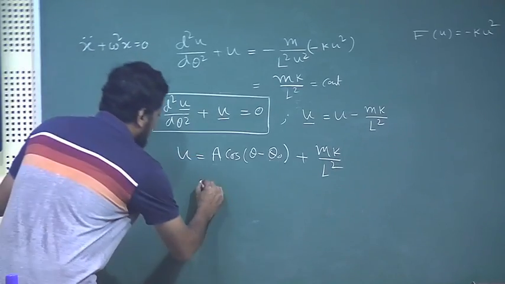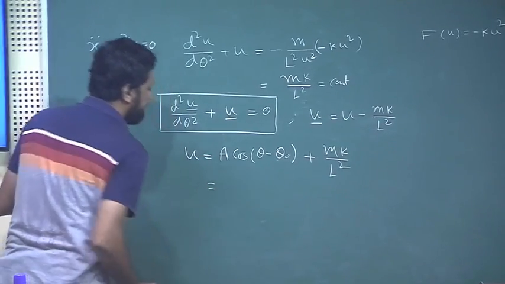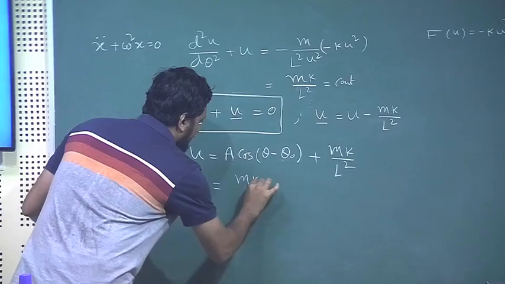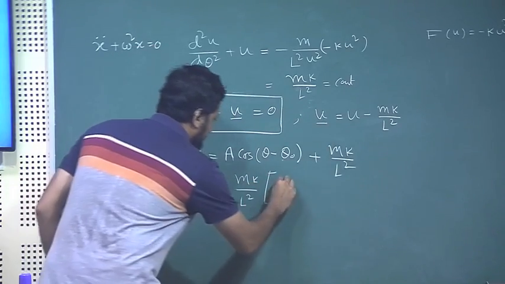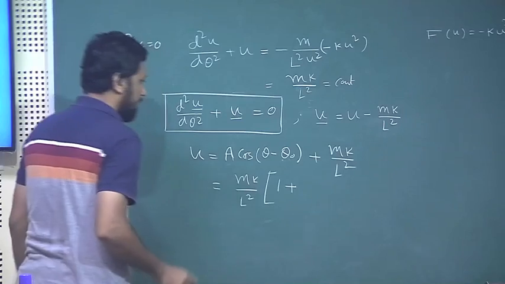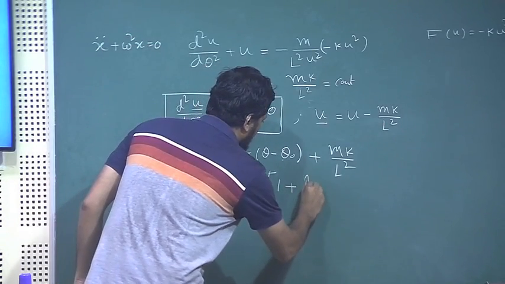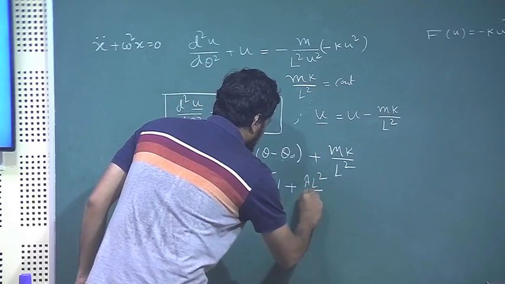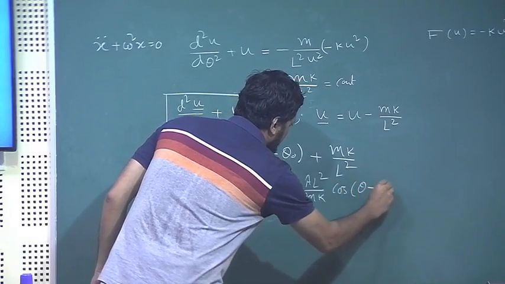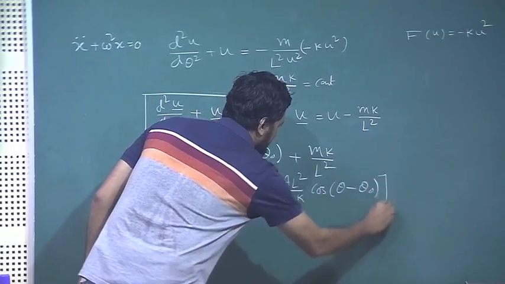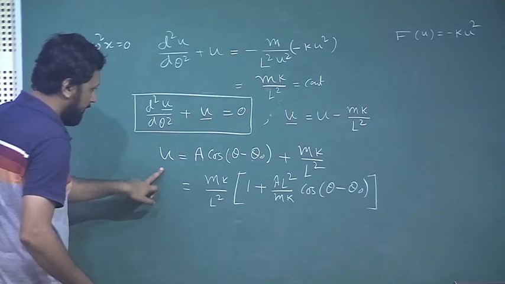Now, if we take mk/L² out of this, then the first term there is a 1 and then there is a (L²/mk) A cos(θ - θ₀), and left hand side is u.